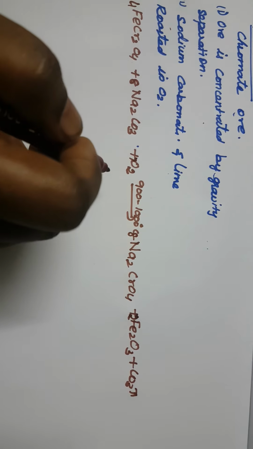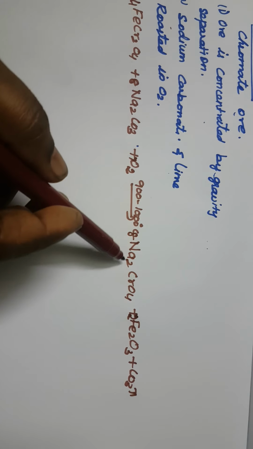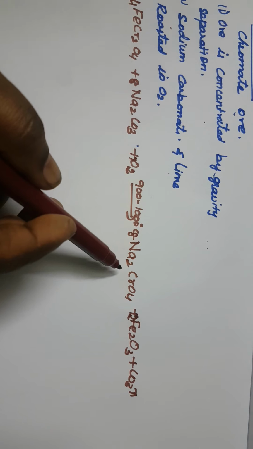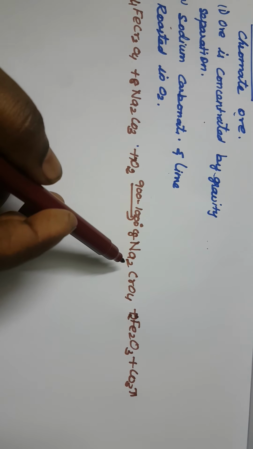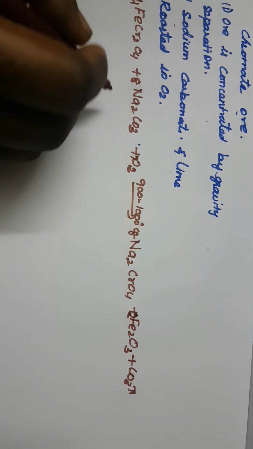Again, the roasted mass, which is sodium chromate, is then treated with water to separate the soluble sodium chromate from the insoluble iron oxide.